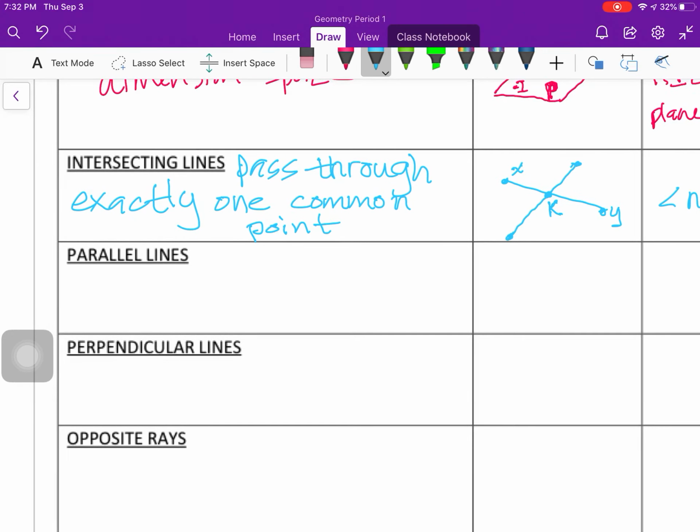Parallel lines. We should know what this is. However, let's figure out what is the actual definition. Parallel lines are in the same plane and they will never intersect.